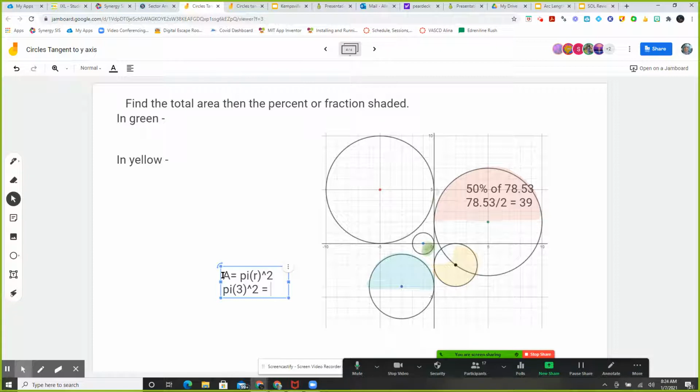Pi times 9. 28.27. Absolutely. And then what part of that circle is shaded in? Half. So I need to divide that by 2 because I want half of it. What is 28.27 divided by 2? Something like 14.14.